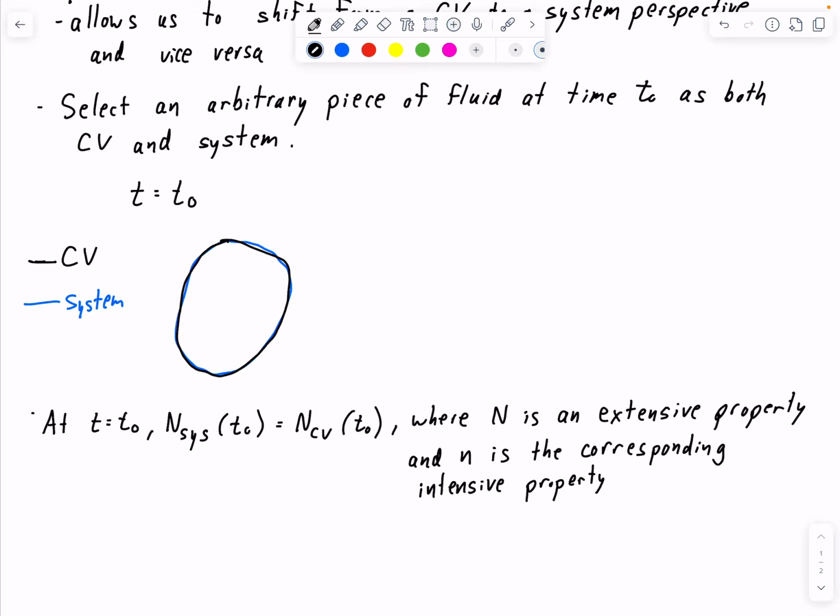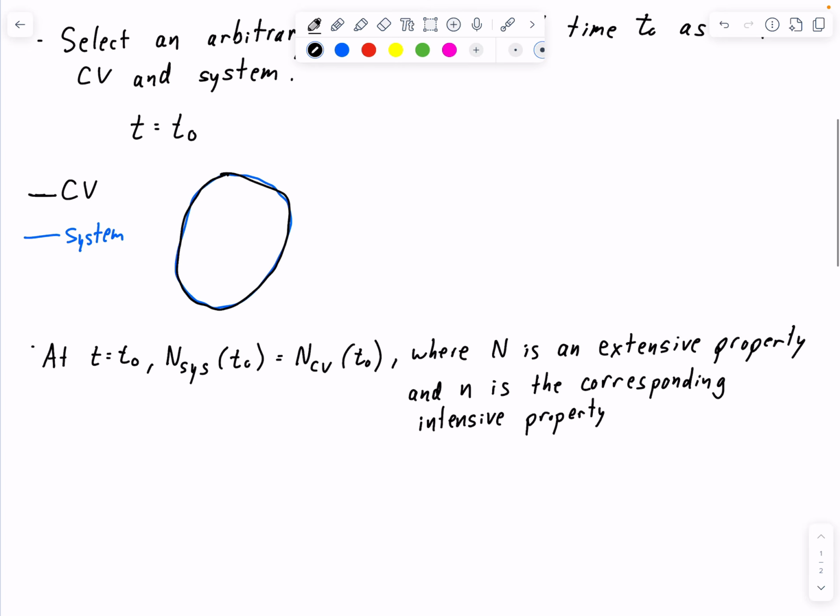And again, the extensive property is one that depends on the amount of the substance that is present. The intensive property is one which does not depend on the amount of substance which is present. Okay, so at time t0, both the CV, the control volume, and the system are identical. They're exactly the same.